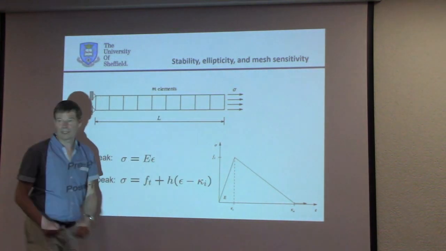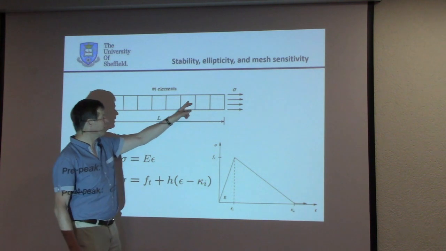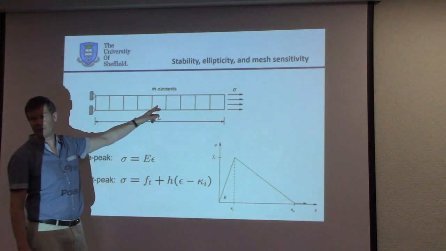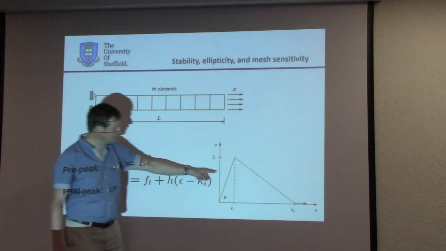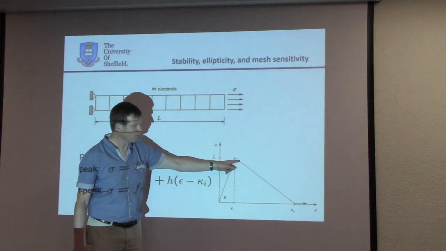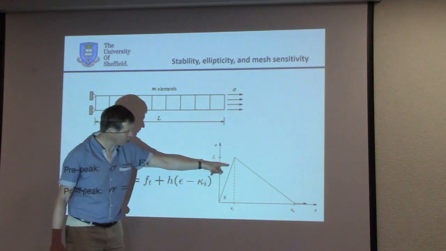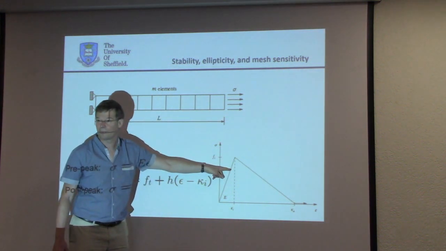Now, since we must have stress continuity in the elements, the stress in this element must be the same as the stress in the weakest element. But since this element, the stronger element, has never been broken, the only way to arrive at this stress level is that it goes back here.